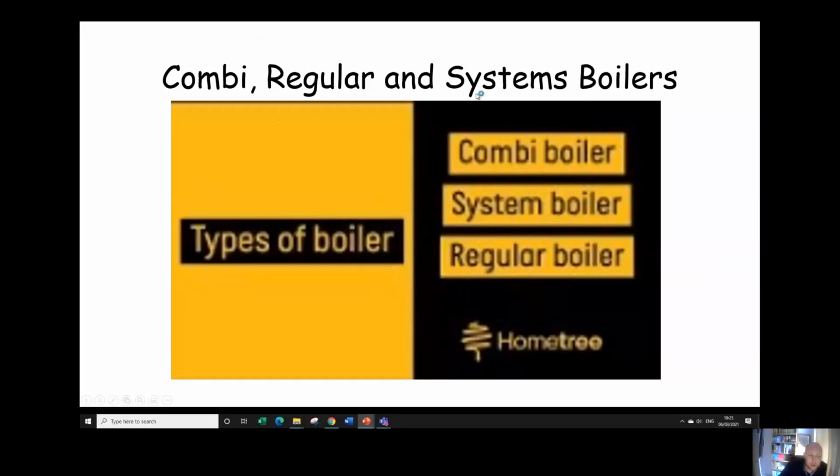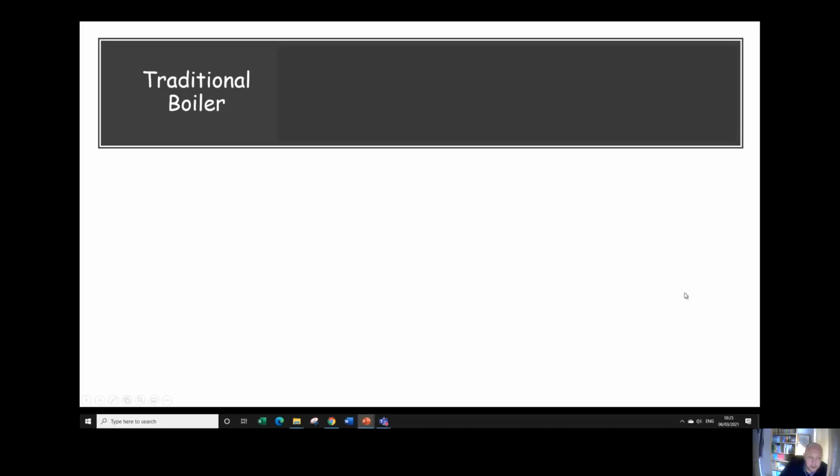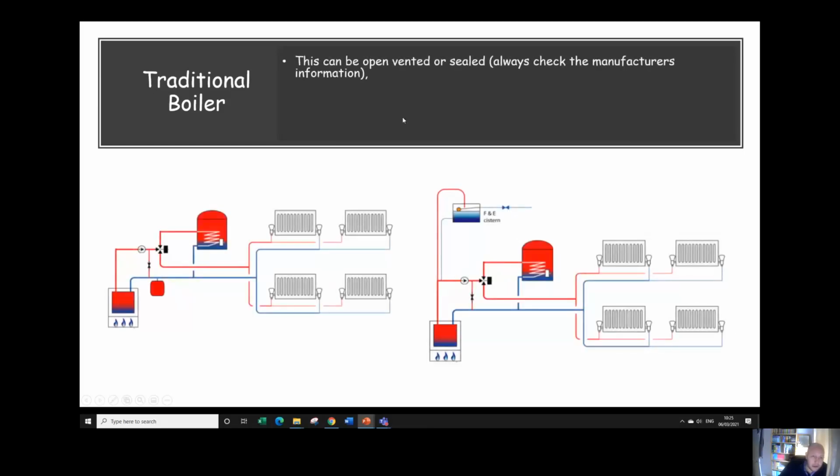There's a video here, quite a good video, that shows the differences between combi, regular and system boilers. You can see that in the PowerPoint, which is on Moodle, but I'm going to quickly chat through them myself here. A traditional boiler can be open vented or sealed depending on what the manufacturers are telling you. Some of them can be, some of them can't, so you need to make sure you read the manufacturer's information before installing anything.